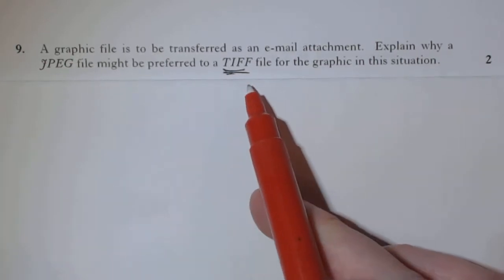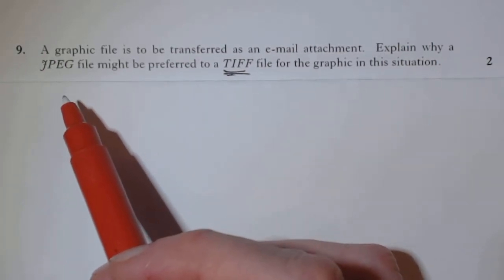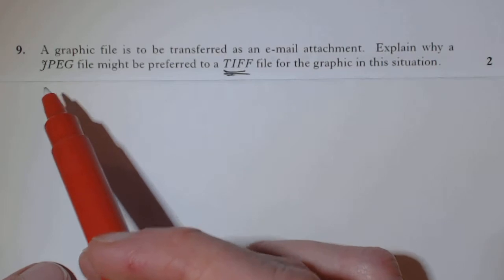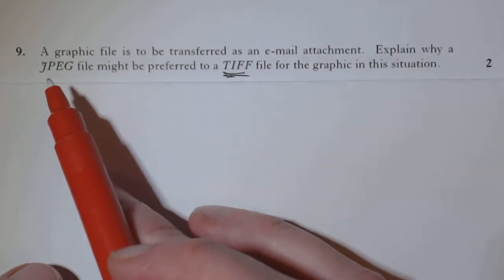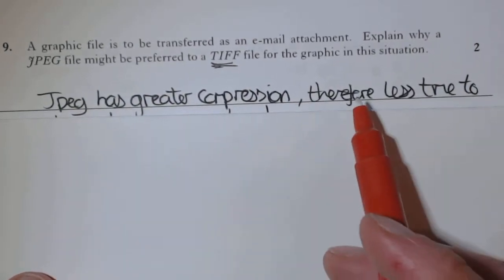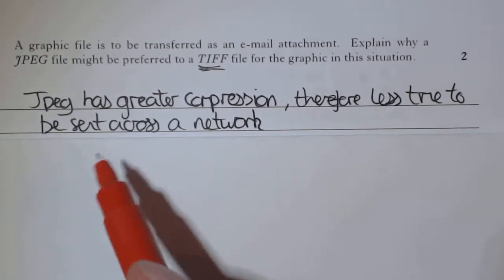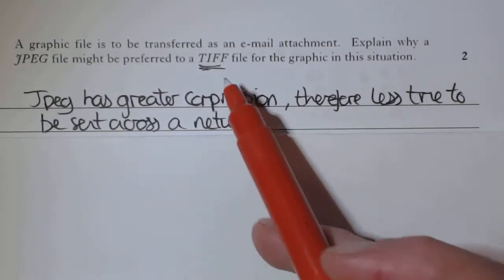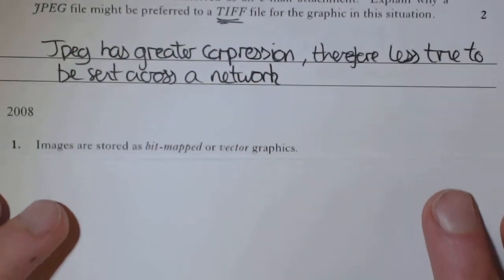TIFF is quite often used for desktop publishing, JPEG is quite often used for transferring images from cameras or over networks, because they're quite often pictures that are embedded in websites. So JPEG's got a greater compression, therefore it takes less time to send that image as an email attachment as opposed to TIFF, because the file size is a lot smaller.